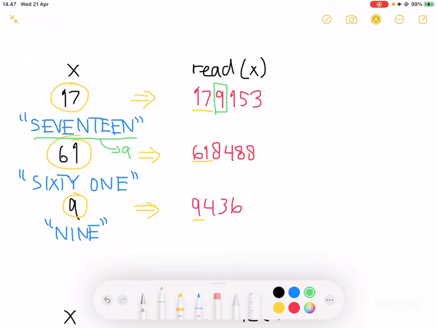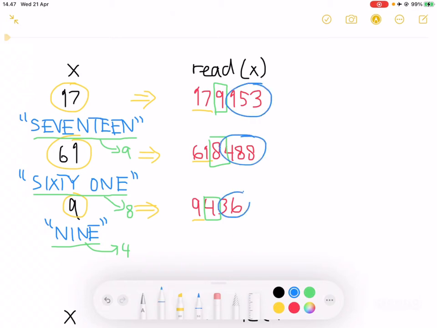Another example is 61. Notice that this has 8 letters and it corresponds to this number. 9, on the other hand, has 4 letters and corresponds to this. But what about the last couple of digits here?